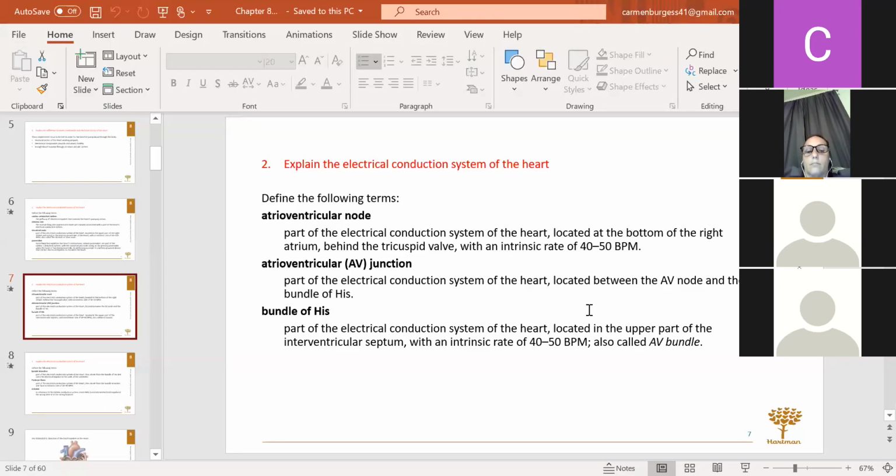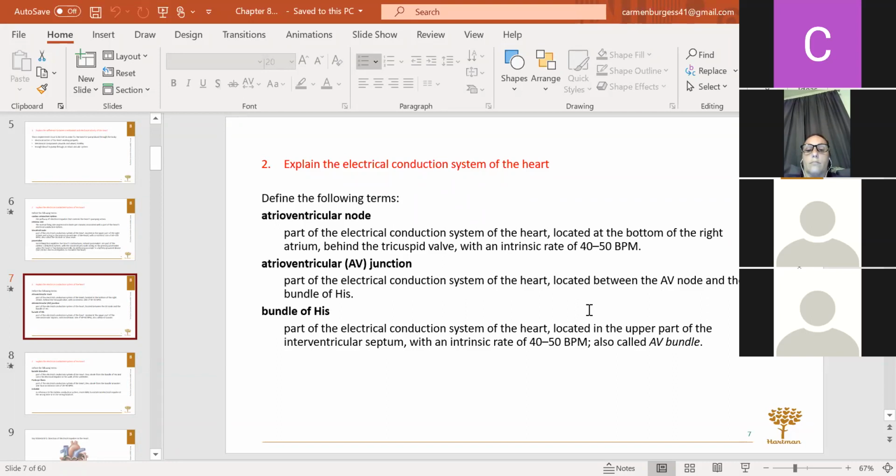Then the next thing on your pathway is your AV junction. We already know what a junction is. They're coming together. It's the part of the electrical conduction system of the heart located between the AV node and the bundle of His.